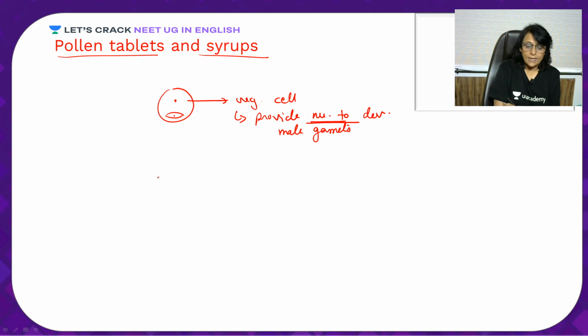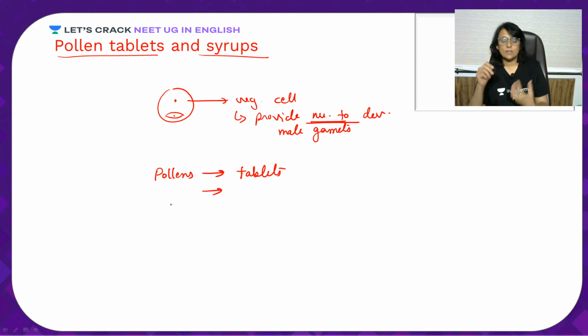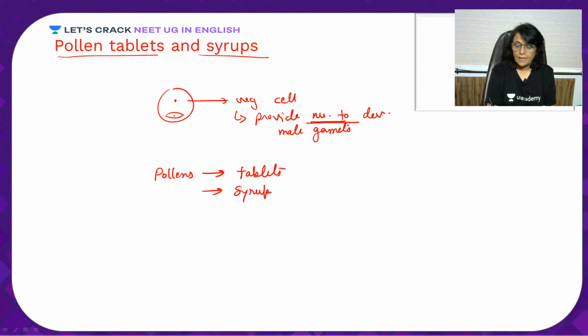So nowadays pollens are crushed, their nutrients are extracted and we make tablets out of it. We can make some viscous liquid also, which is called the syrup, and these are used as nutrient supplements.